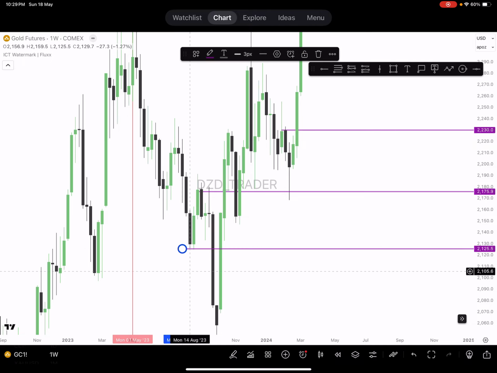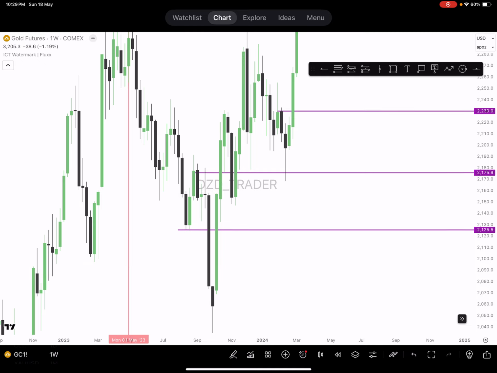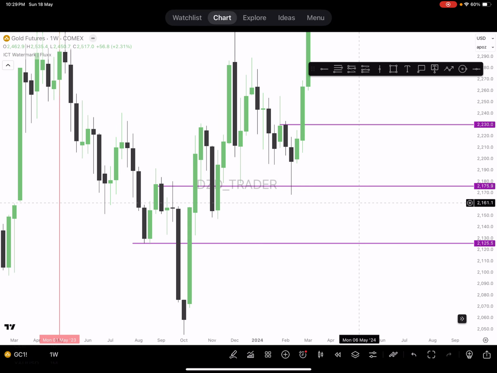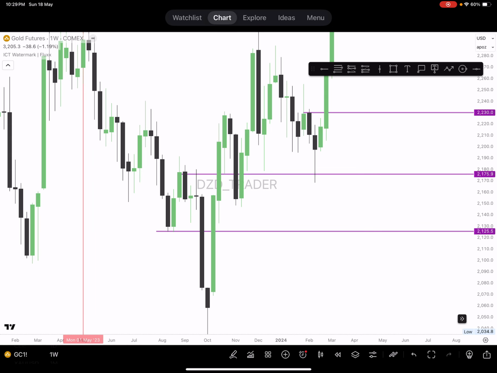I don't want to see any stop runs like that happen whenever we have an order block. It usually tends to signify that there's still a liquidity sweep that could happen. I usually don't like seeing it, especially when it's happening like that.